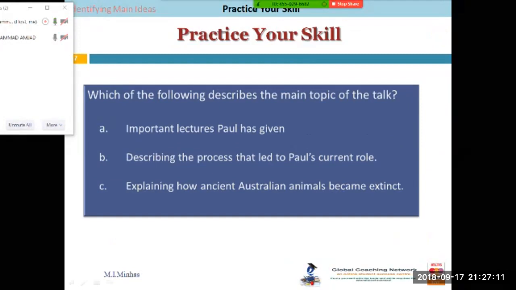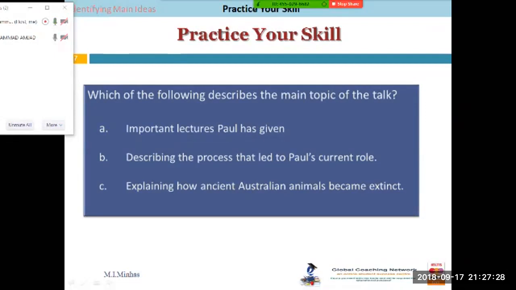Which of the following describes the main topic of the talk? Important lectures Paul has given, describing the process that led to Paul's current role, explaining how ancient Australian animals became extinct.